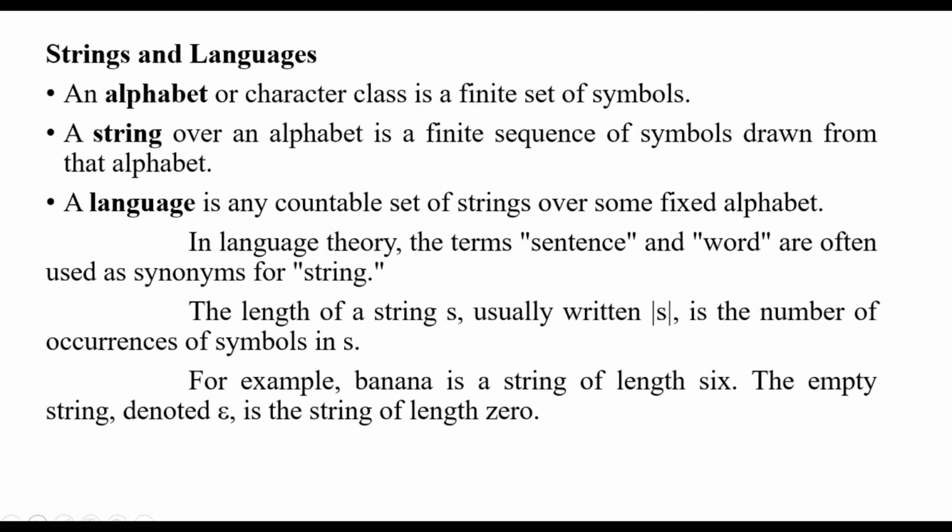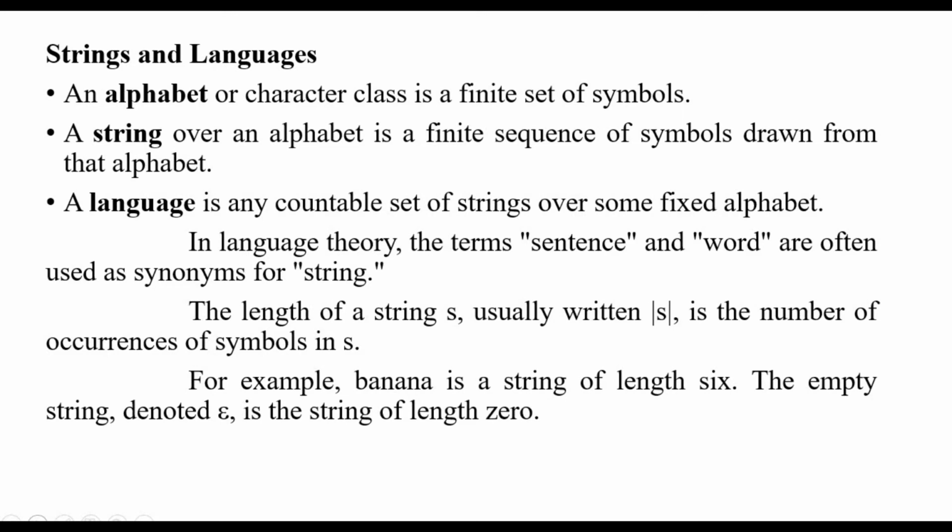Then what is an alphabet? An alphabet or character class is a finite set of symbols. All of you know very well, capital A to Z and small a to z is a class of characters or alphabets.